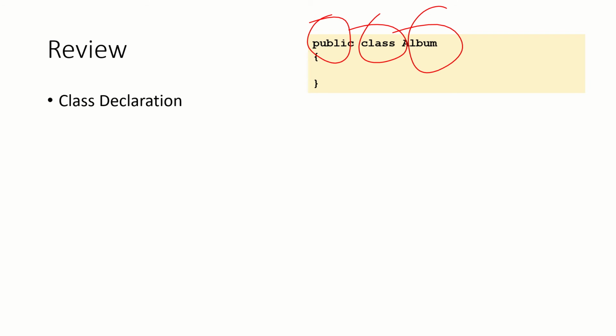First of all, for the class name, you have to follow the naming rules. You cannot use a reserved word or start with numbers. Most importantly, make sure your class name is understandable and meaningful.